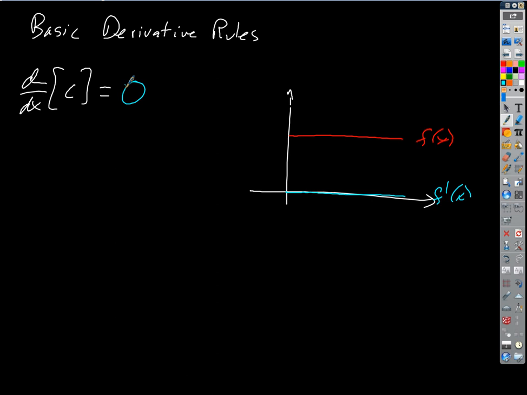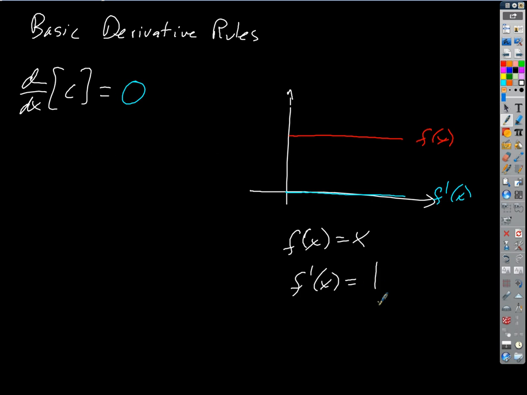Well, here's another one. Does this make sense? If I wrote it in this context, I bet it would. If I said f of x equals x, what's f prime of x? We took the derivative of that. Does it make sense that it's 1?